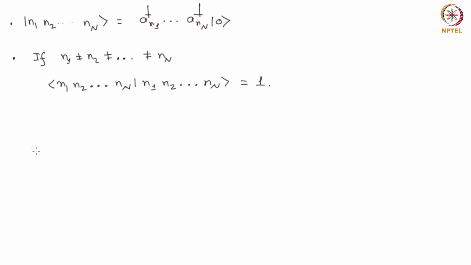I also gave you an exercise to find the normalization of these states. So if a n1 dagger is repeated m1 times, and a subscript capital N dagger is repeated m sub capital N times, then find the normalization.